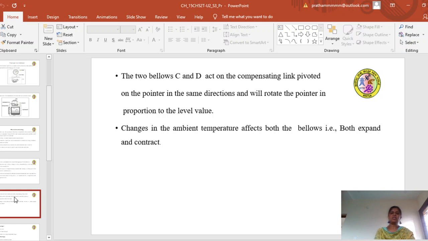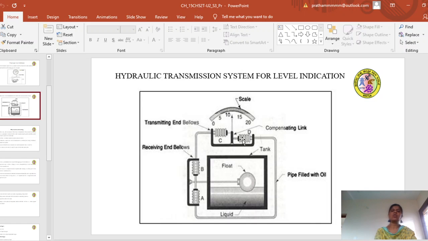Two bellows C and D act as a compensating link. You should understand that C and D act as a compensating link with a rise or fall of the float, with a rise or fall of liquid level in the tank.